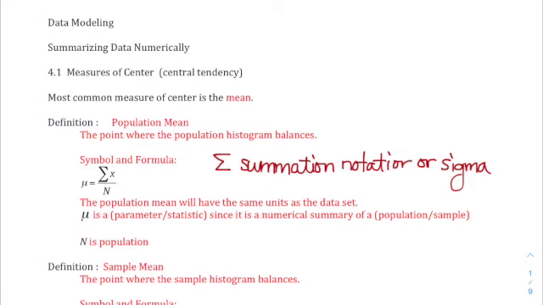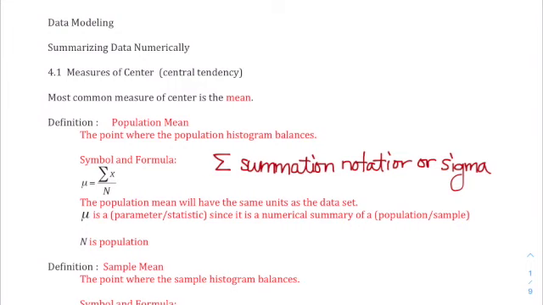Now what you have to do is also understand the definition of all the letters, and that will be really helpful. The population mean will have the same units as the data set. Mu is a parameter. Remember from before, P stands for population in parameter. A statistic is a numerical summary of a population or sample.